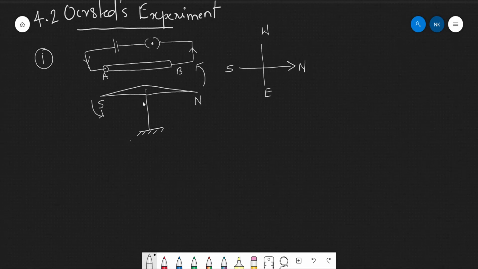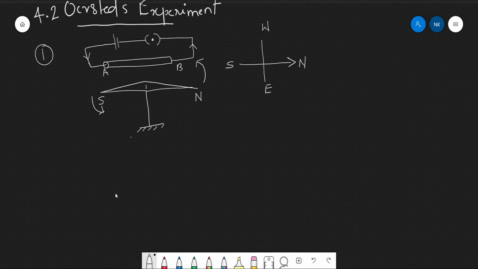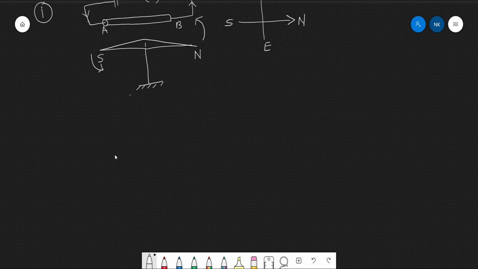Here what I will do is take this wire downward. The current carrying wire is taken to the downward position. South, north.